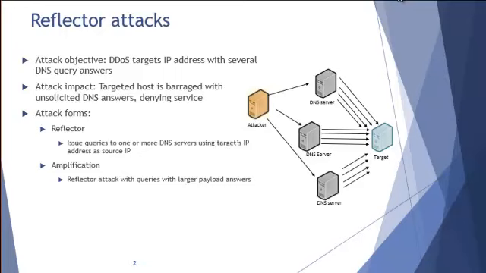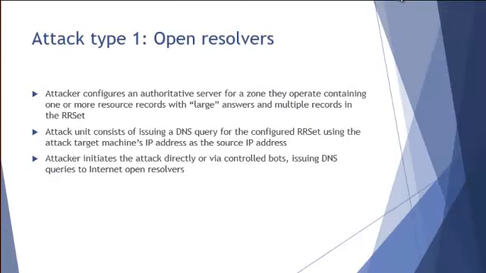A special form of the reflector attack is amplification, where I provide just a simple query and get an answer that is much bigger, thereby amplifying the attack to the recipient, and more quickly taking the target offline.